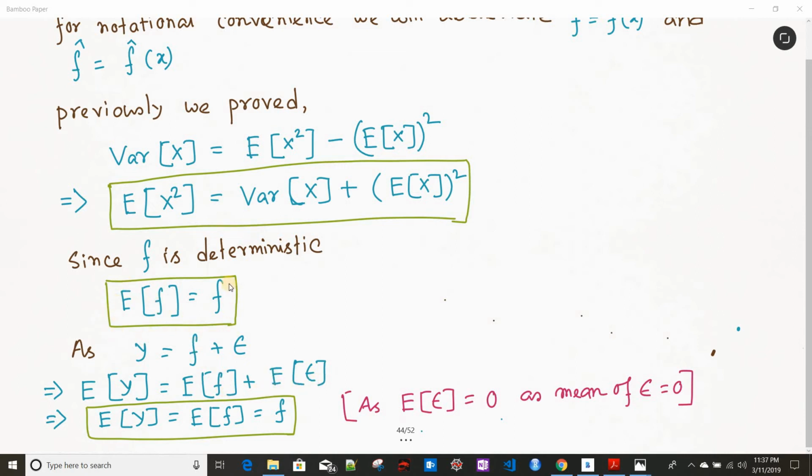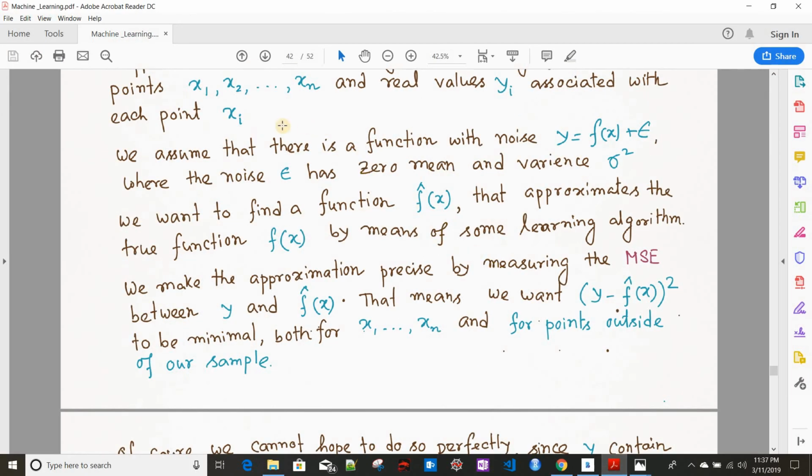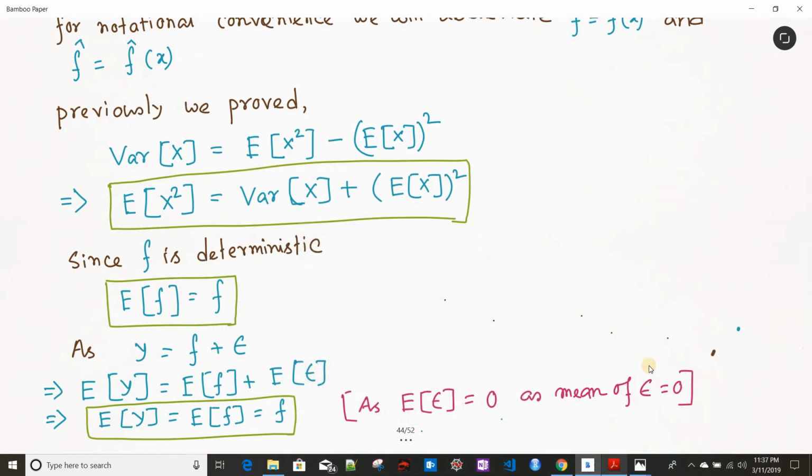We have just determined that the expected value of f is f, and the expected value of epsilon is 0, because we have assumed that the epsilon, the irreducible error, has mean 0, and the expected value always converges to the mean value. That means my expected value of y will be f. These things will be handy when we solve the equation.